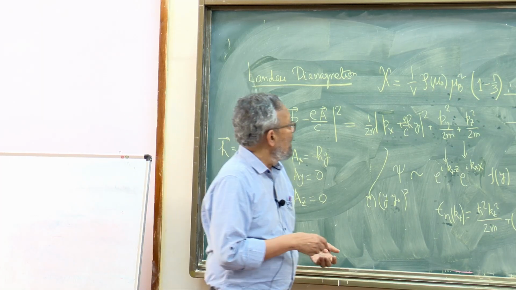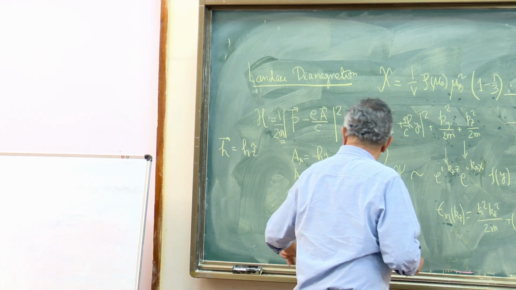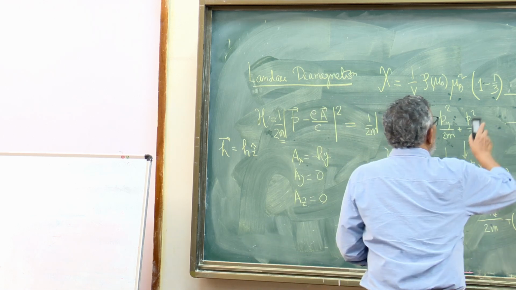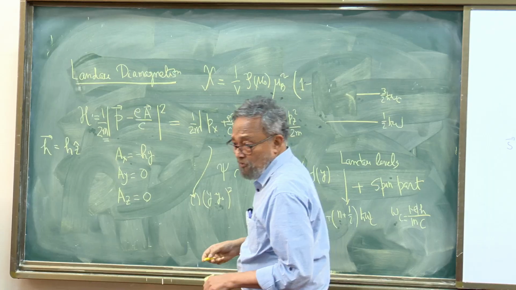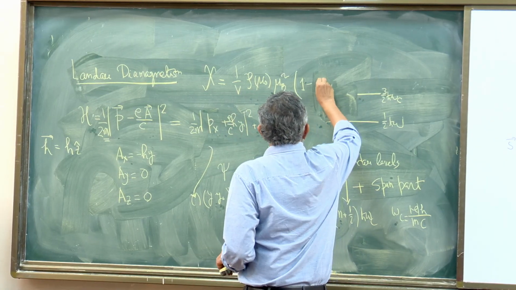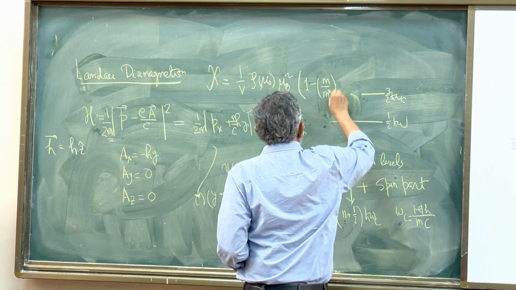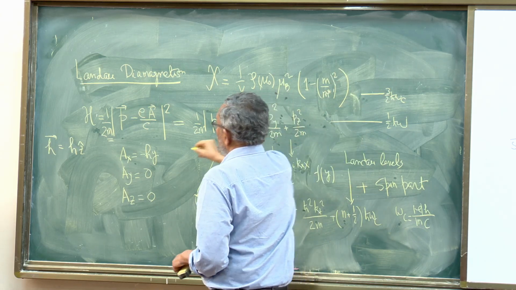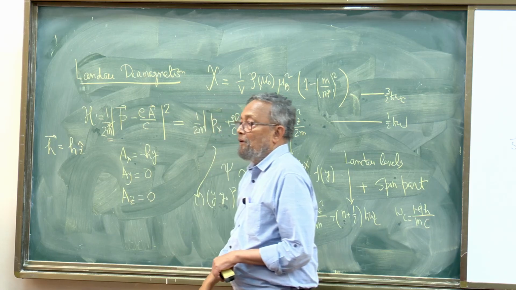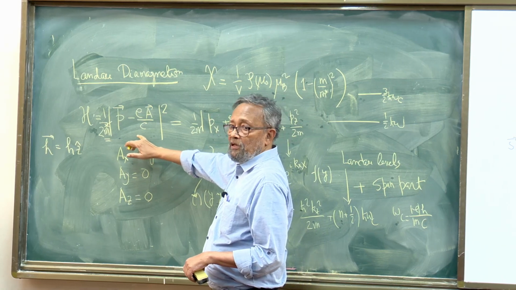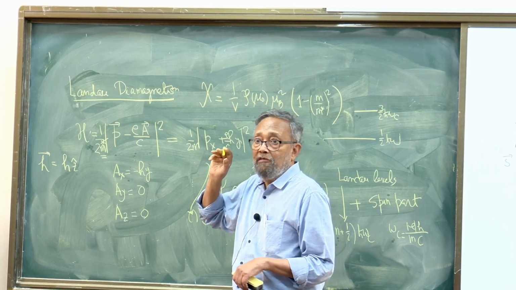So basically, if I do that, then what happens is this. This 1/3 gets replaced by m over m star. I'm putting this here. So when I write the orbital part, then I put in the effective mass, not the free electron mass.